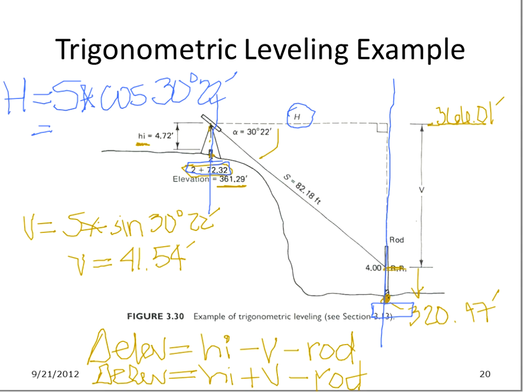I don't know if I have that value already calculated. Let me see here, flipping back through my notes to see if it's here. No. So I'll go ahead and punch it in. Enter. So we have 82.18 times the cosine of 30 degrees, 22 minutes.